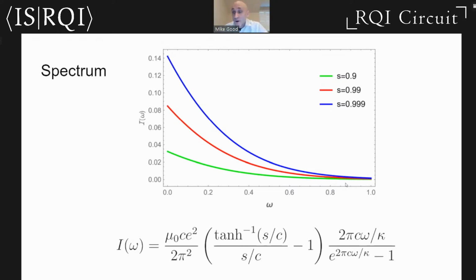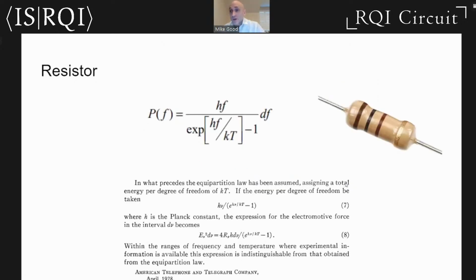namely, a resistor. It's been well known since 1928 that if you just have a wire in a normal room-temperature room, you'll have a current moving through it. And that current is white noise. It's called Johnson-Nyquist noise. And the electrons have a temperature. And it's a one-dimensional Planck distribution.